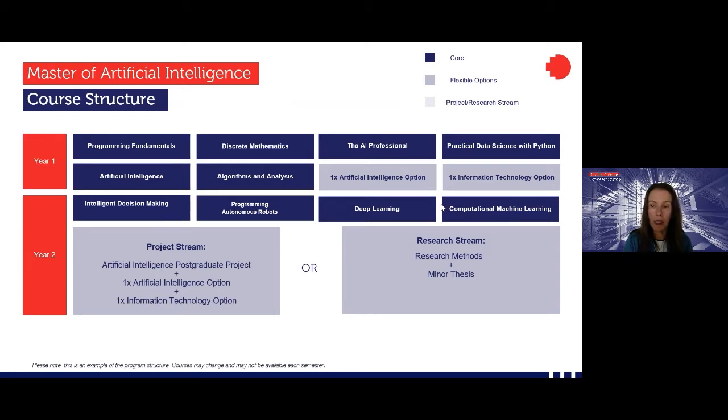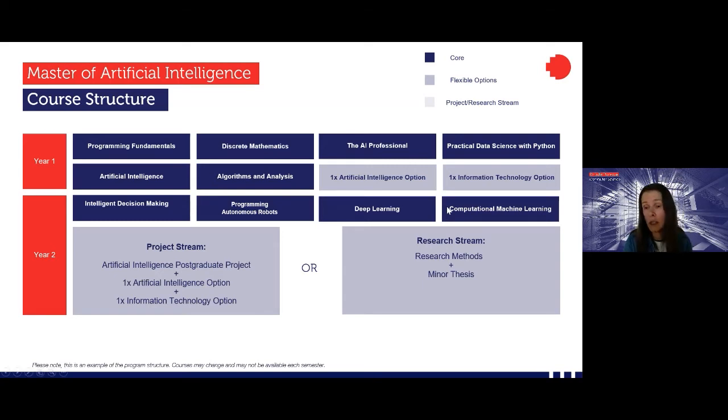Moving on into the second year, there's a host of advanced courses: intelligent decision making related to deliberation, problem solving, goal directed thinking, a key human problem solving skill actually, and programming autonomous robots. And that's not just hands-on with the robots, but it's issues to do with vision and related to working with robots in that context. Deep learning, computational machine learning, and so on.